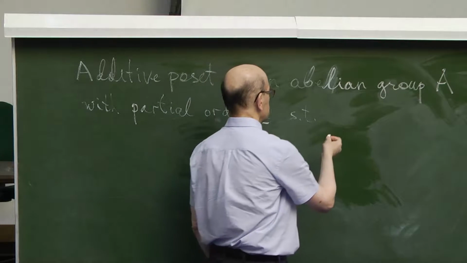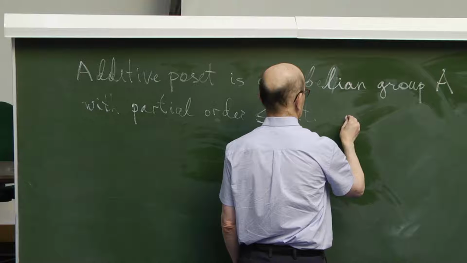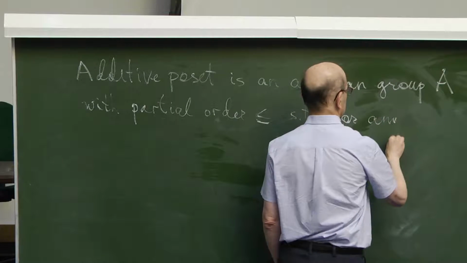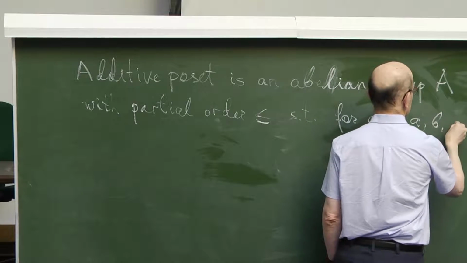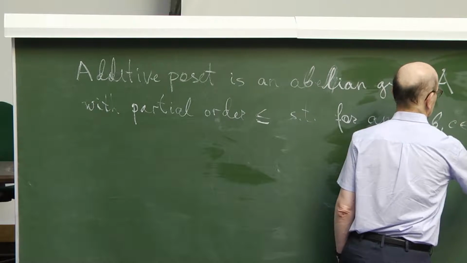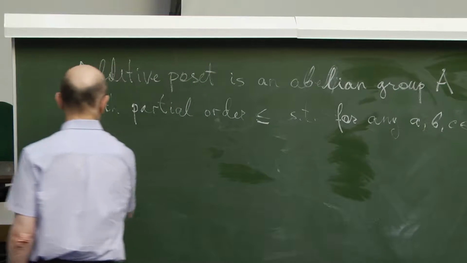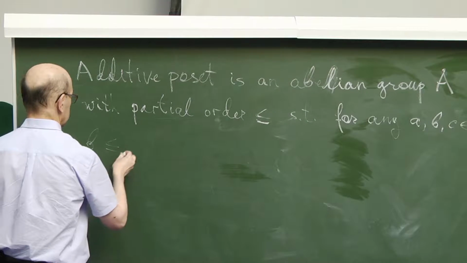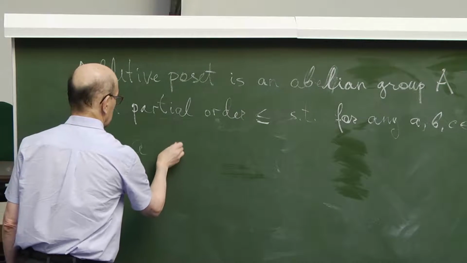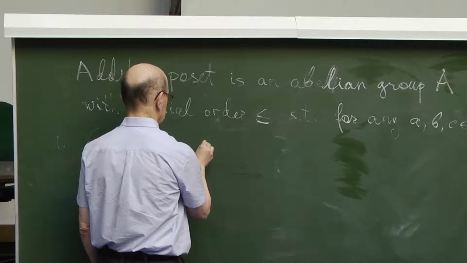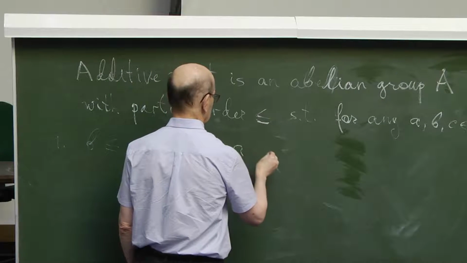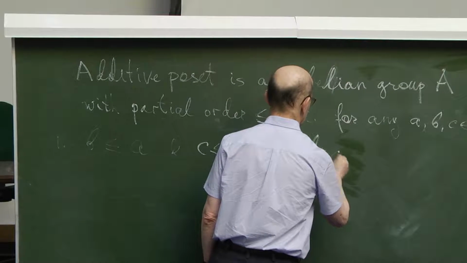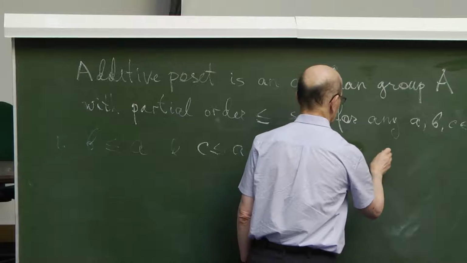For any three elements A, B, C of the group, there are two conditions. If B is smaller than or equal to A, and C is smaller than or equal to A, then B plus C is smaller than or equal to A.